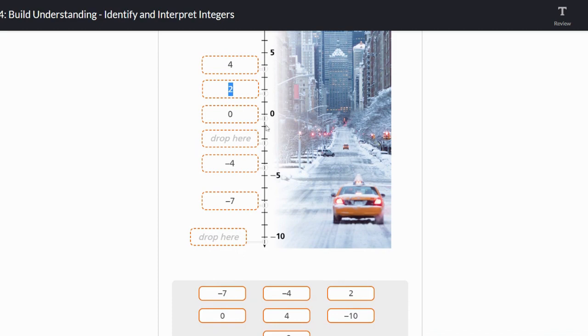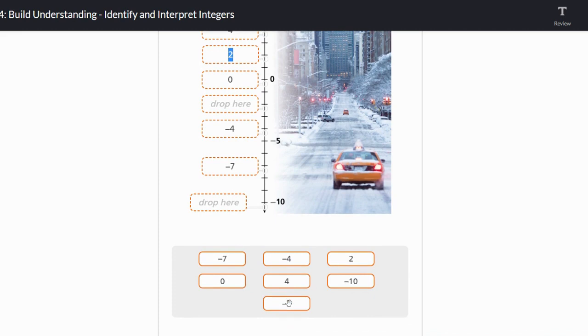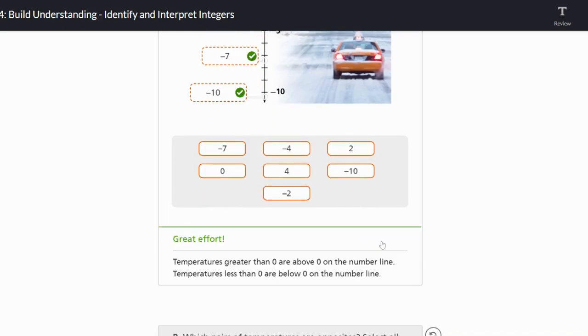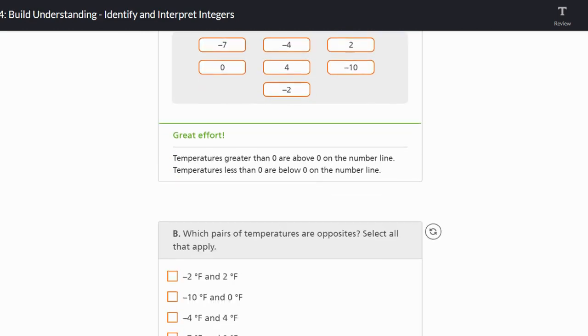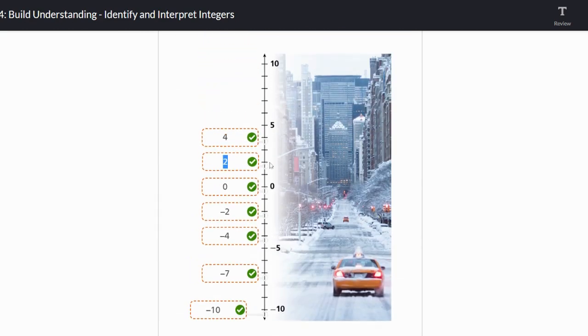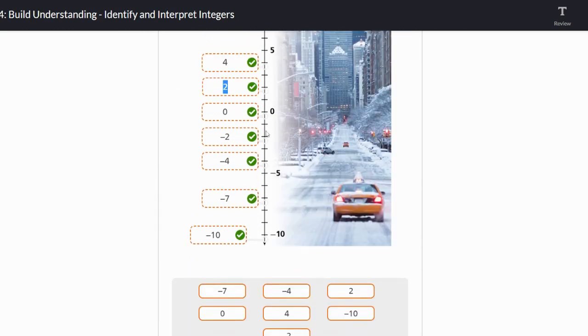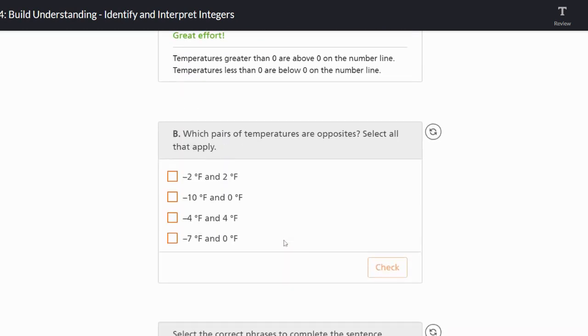If we have -1, here we have -2. And down here, we are already given -10. Let's check our work. Awesome. So anything above 0 will be positive. Anything below 0 will be negative.